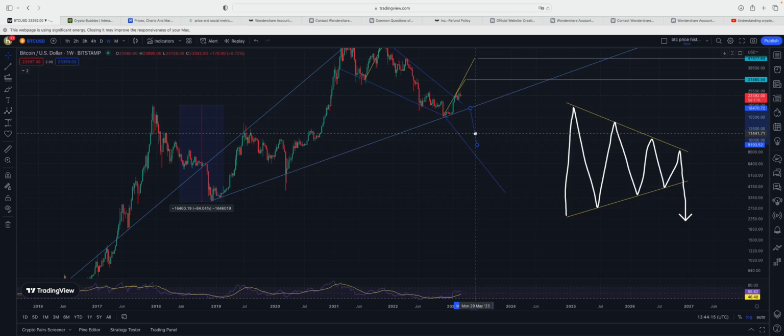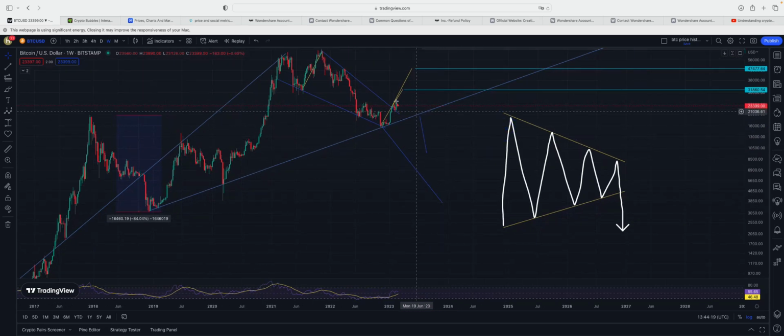If we break this trend line from up here, the target will be a bit higher than breaking down here. If we broke down here, the target will be 7,000.